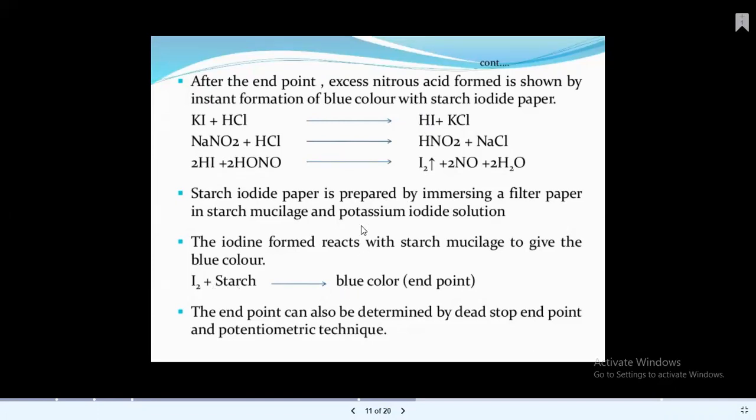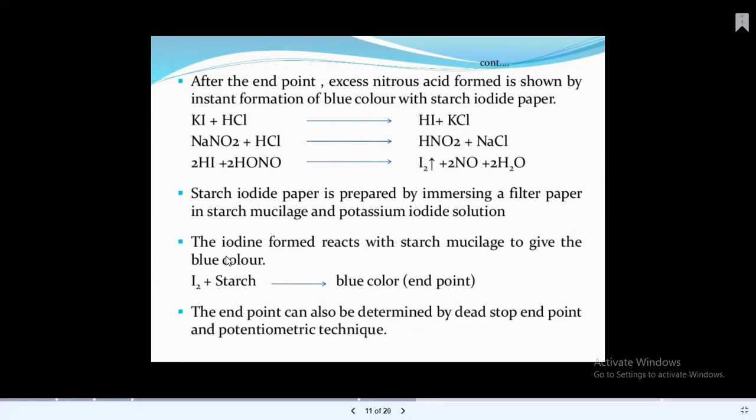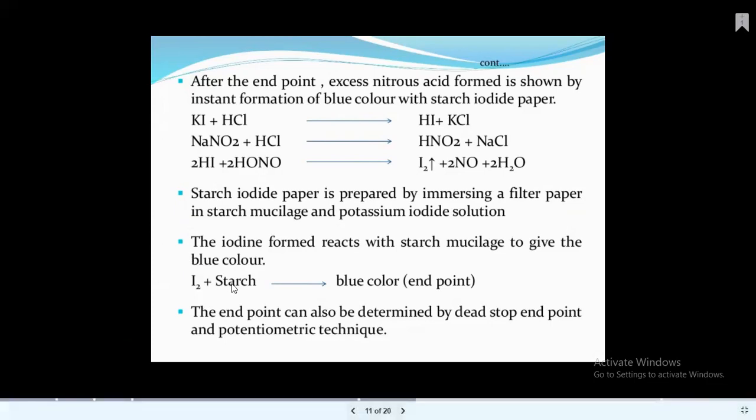Okay, that is the example of an external indicator to find out the endpoint with iodine. With iodine, your indicator is initially present as starch with iodide, so no color is there. We know that when starch reacts with iodine, it shows the blue coloration, not with iodide.